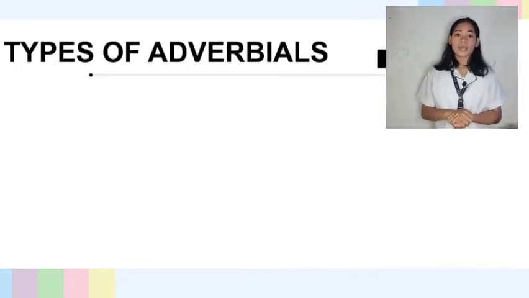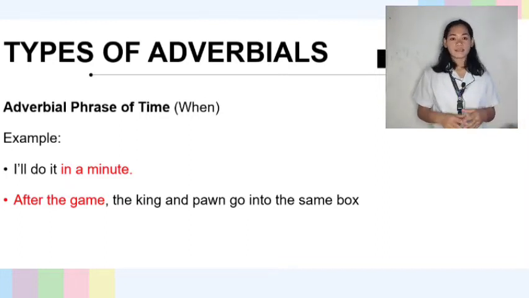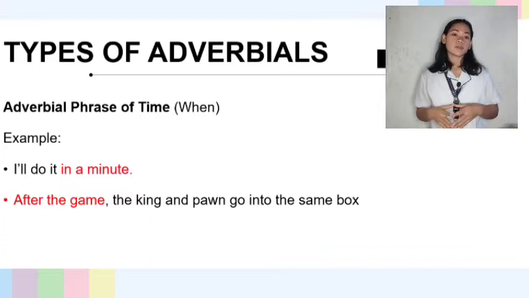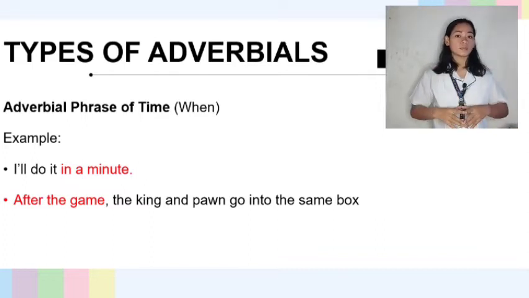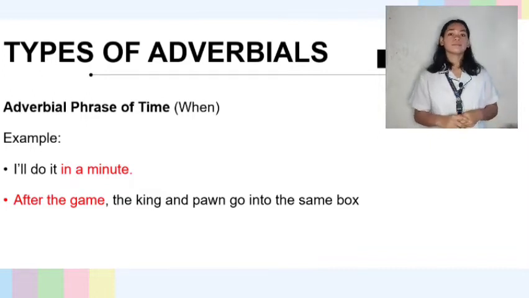Next type is the adverb phrase of time. It states when does the action happen. Example, I'll do it in a minute. So, in a minute is the adverb phrase giving us information about when the person in the sentence will do something. I'll do it in a minute.